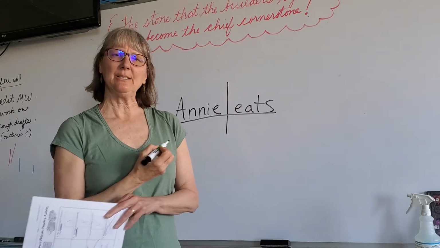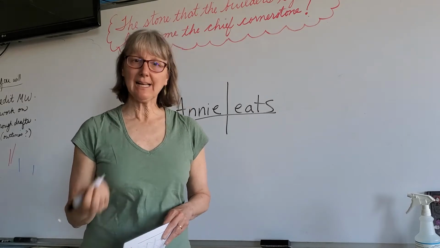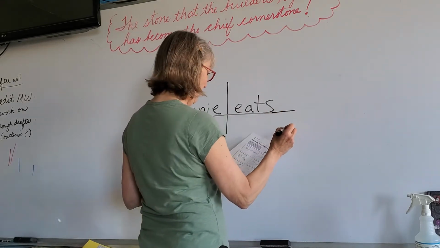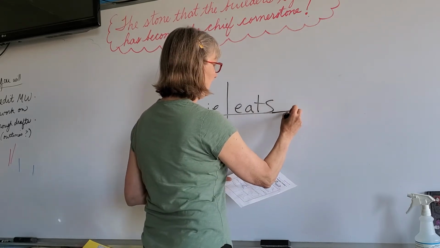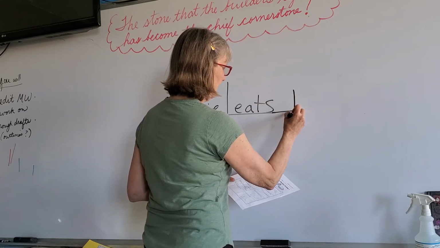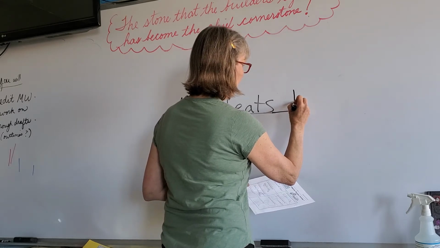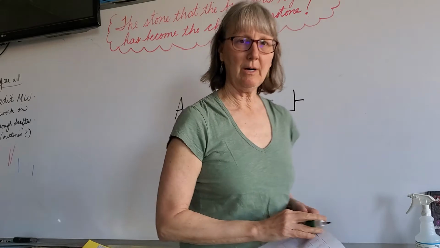But what does she eat? What's the direct object? Peanut butter and jelly. That's a compound direct object. So we are going to do this. We're going to put this line right here. But coming off of that, how do we do this? Let's see. Hang on, let me pause for a second.